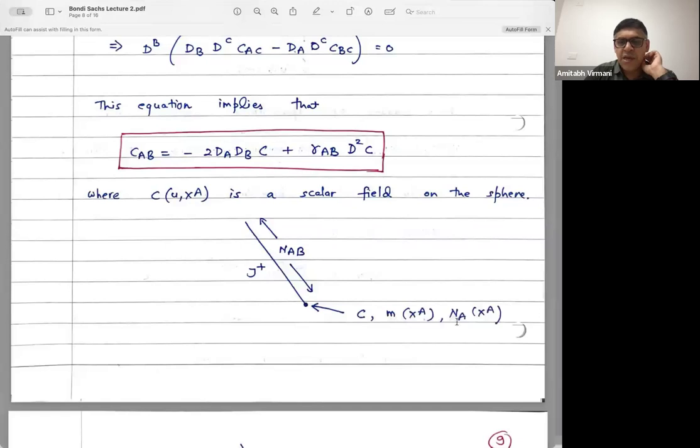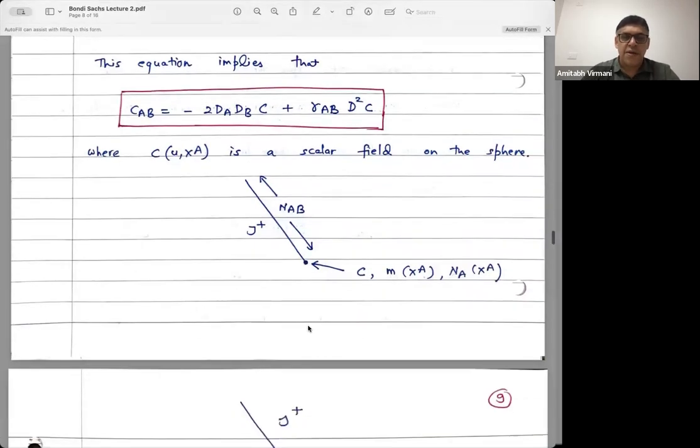The N only has dependence on the coordinates, u dependence has gone. And because of the u dependence being gone, the C_AB tensor has reduced to just one function C, okay, which is defined at the past of the future null infinity.